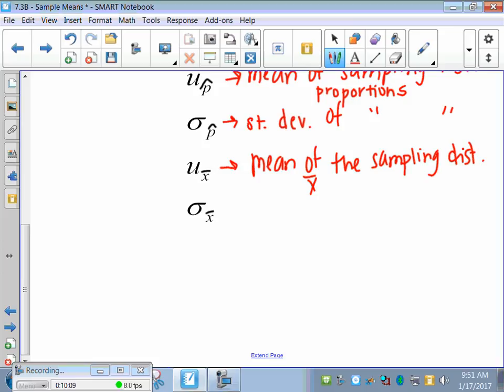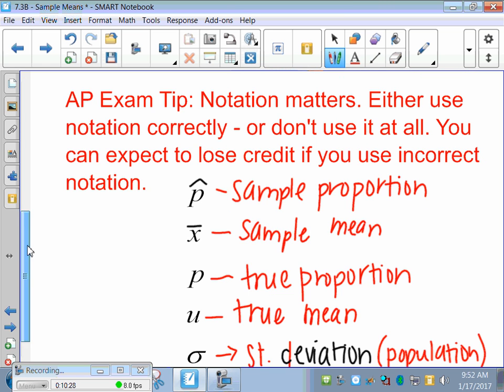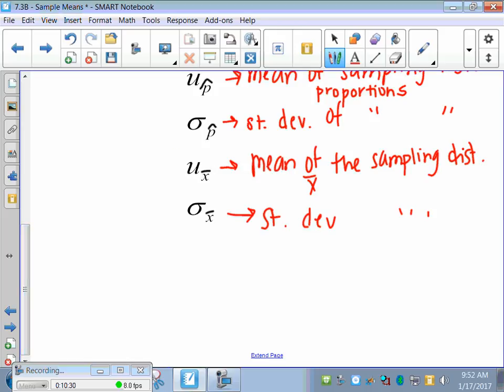No decimal, no percent, so it's just a number, like the year of the penny or your household income. And same thing here, the standard deviation of the sampling distribution of x bar. So for all of those with subscripts, you want to think sampling distributions, when you're taking a whole bunch of samples.